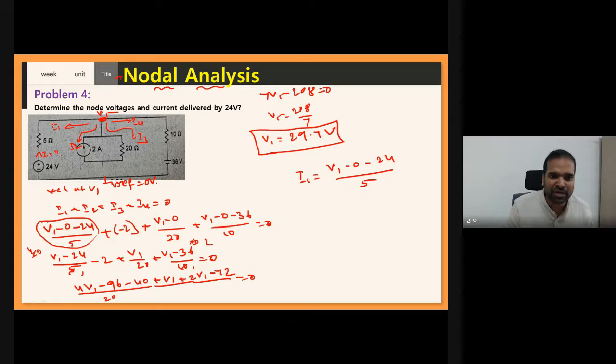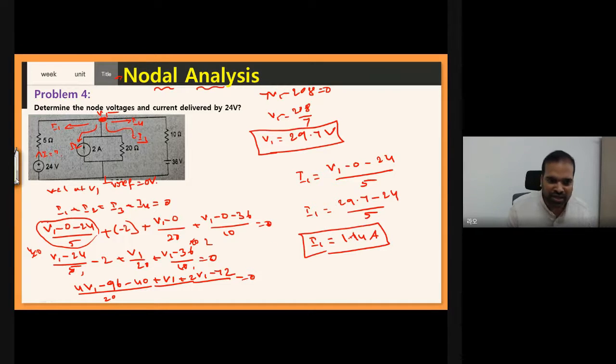So here I1 means the current delivered by the 24 volts. You already know V1 equals 29.7; minus 0 means nothing, right? You can write minus 24 by 5. If you calculate this, you will get I1 equal to 1.14 ampere.